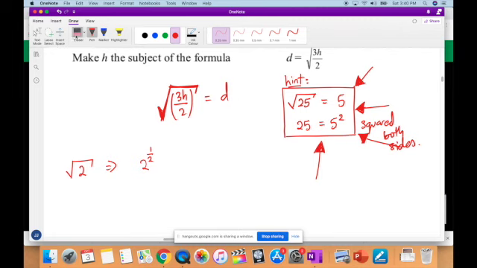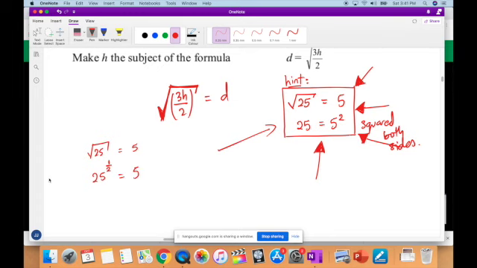Yeah. Right. So in other words, according to this here, the square root of 25 is 5. The square root of 25 is really 25 to the power of a half, and that is 5.